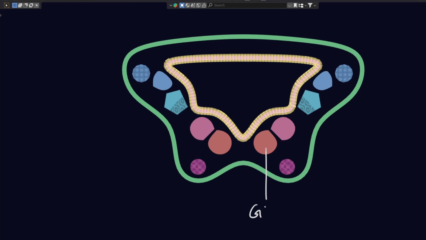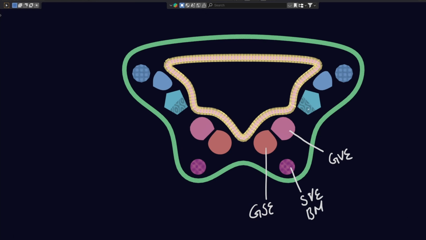So let's just label it again, for me and for you as well. General somatic efferent, and this is general visceral efferent, right? And this interiorly displaced one is special visceral efferent, or branchiomotor.